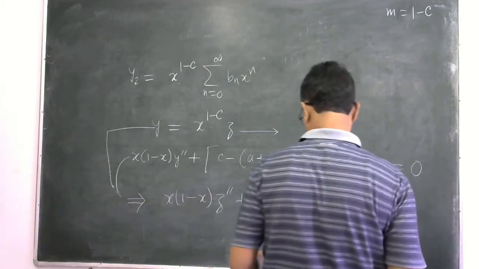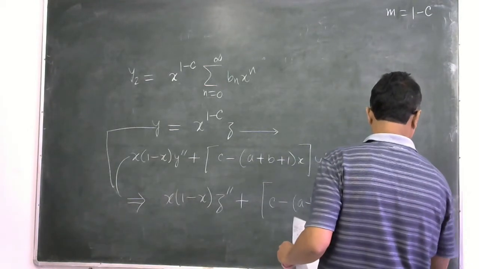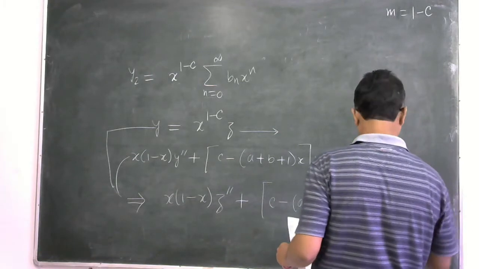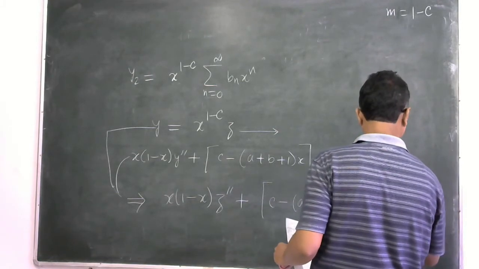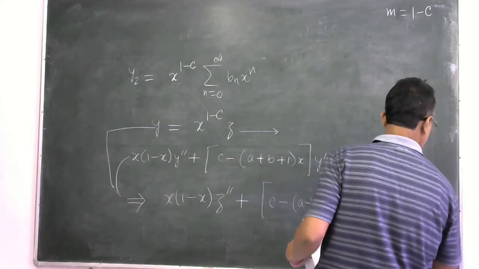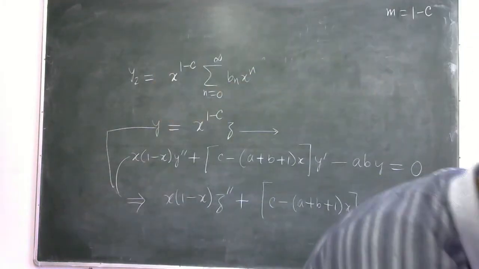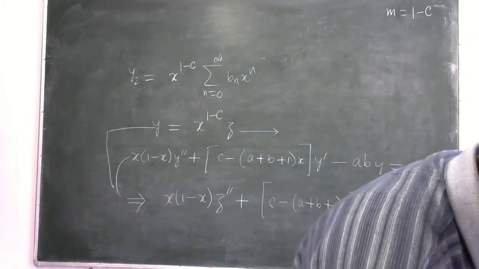Only this part changes to a minus c plus 1 into b minus c plus 1 z equal to 0.